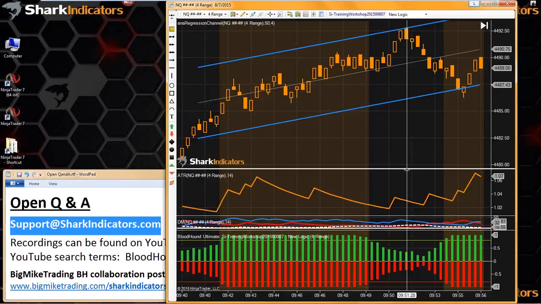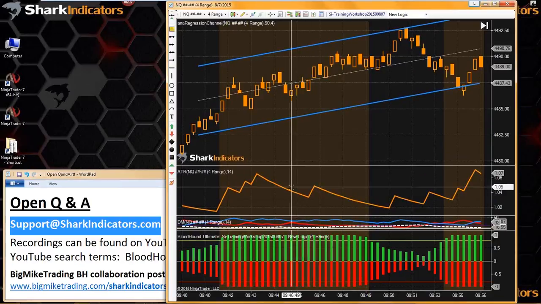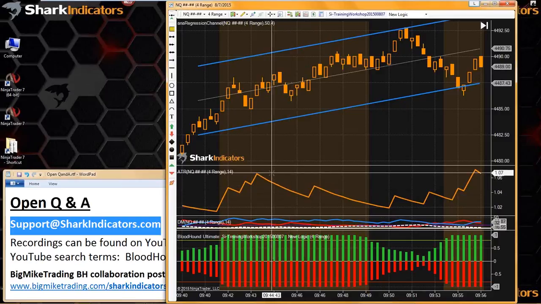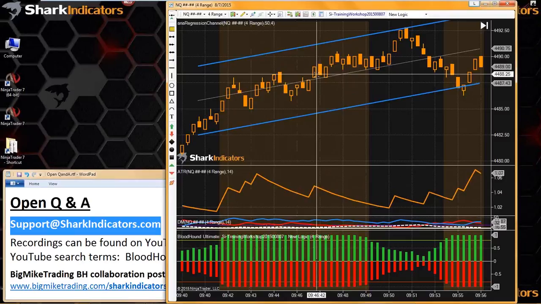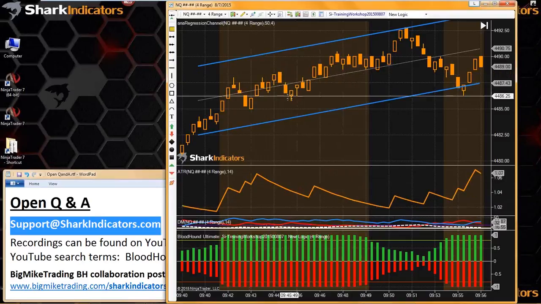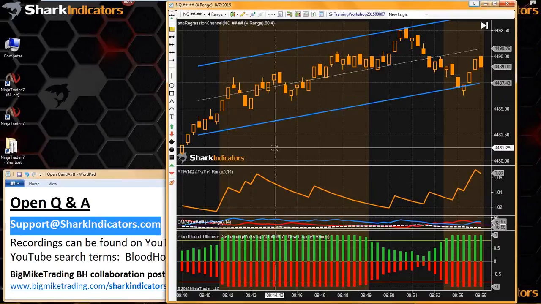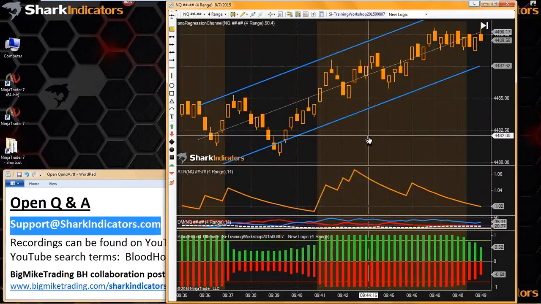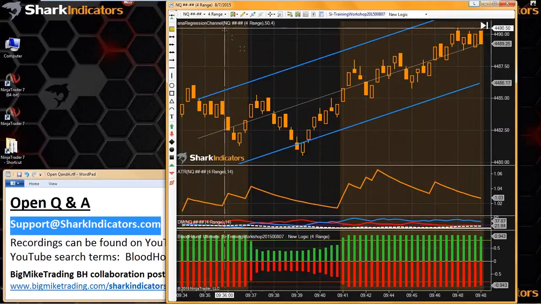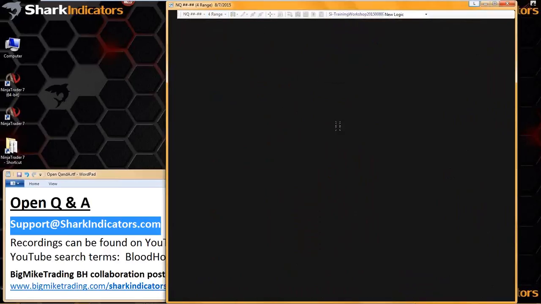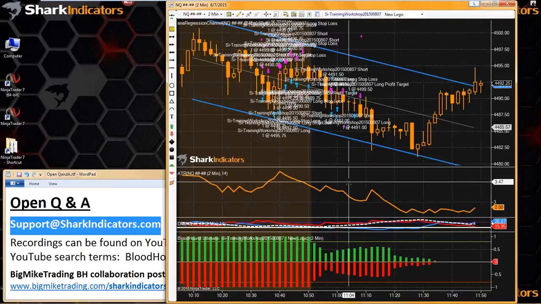The ATR does adjust a little bit on a range chart, so it's adjusting to the size of the body. But I think it works better on minute charts, tick charts, things like that. So let's go ahead and set this to a minute chart.